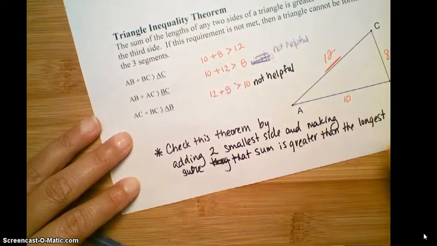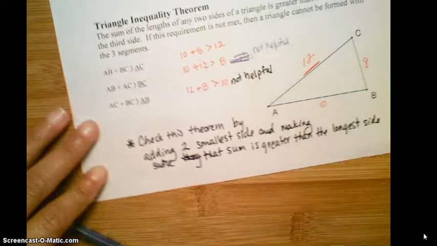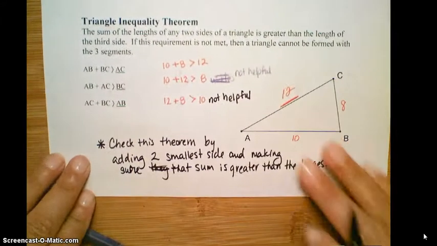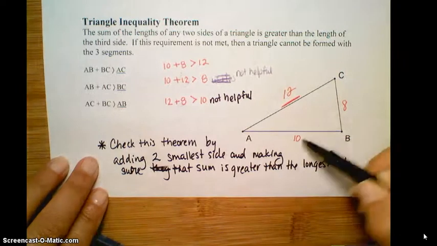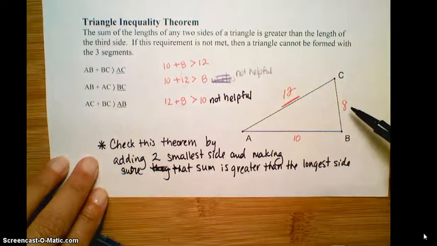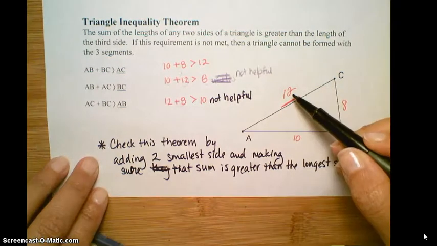That is the practical application of the triangle inequality theorem, and we can see the two short sides, 10 plus 8, added together are bigger than the long side.